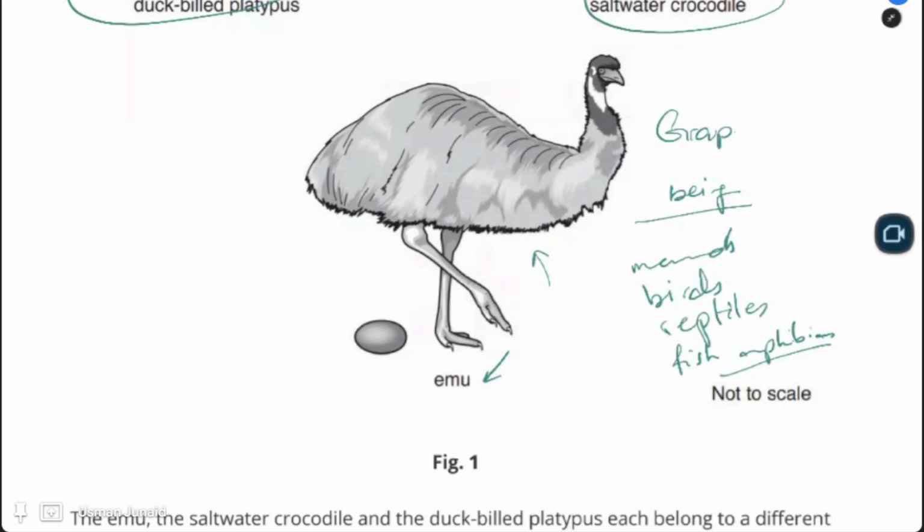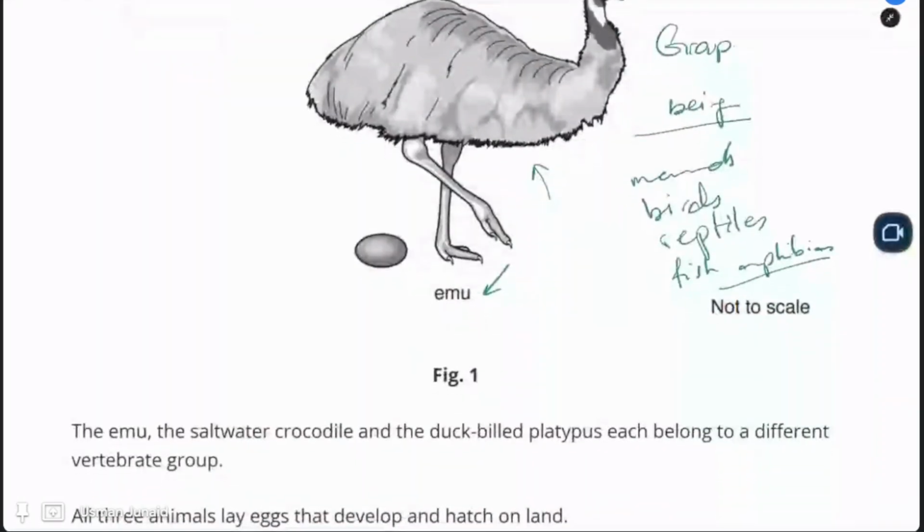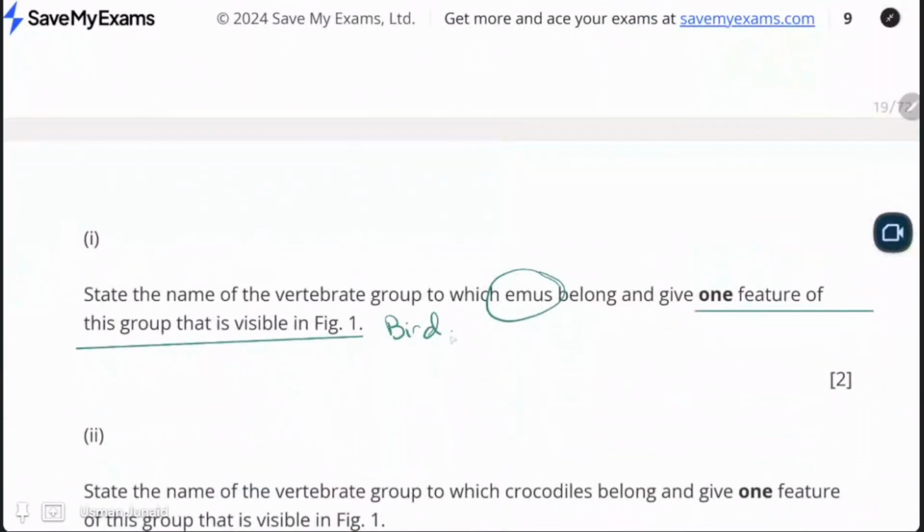It has fur, right? So what are the features of birds? It has feathers. Yeah, feathers. Okay. Feathers.